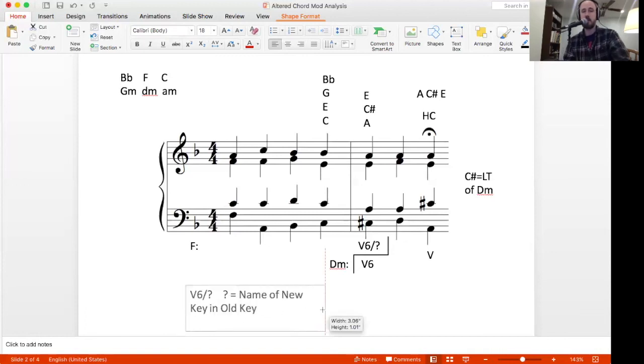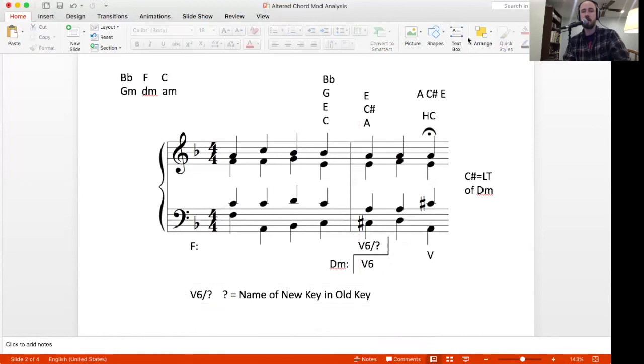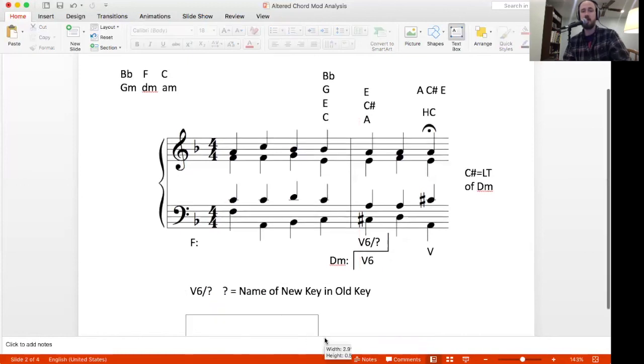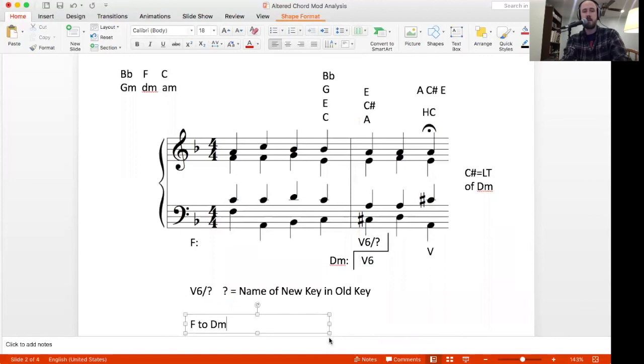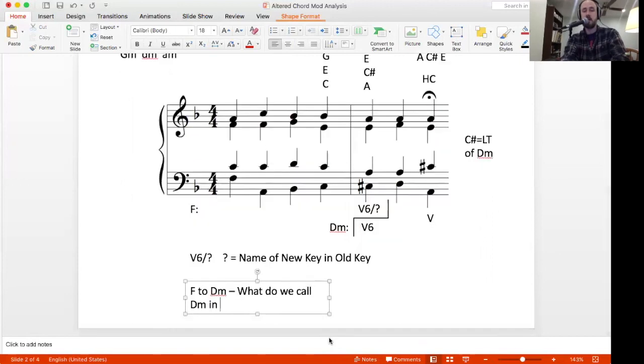I know that seems really crazy, but we're going from F to D minor, right? So in F major, what do we call D minor? What Roman numeral do we put with that?